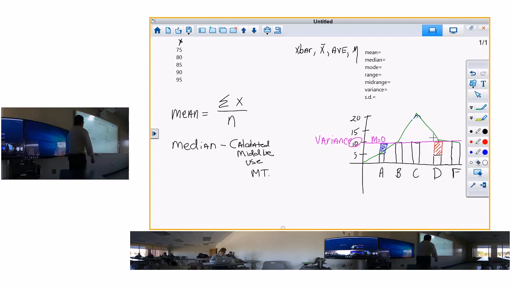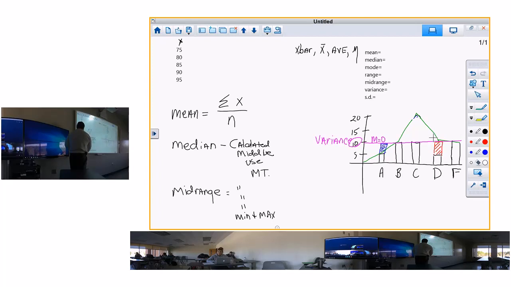Okay? Well, what's the calculated middle using outside terms? That's the mid-range. Okay, so we can go ahead and write that down. Mid-range is the calculated middle using min and max.